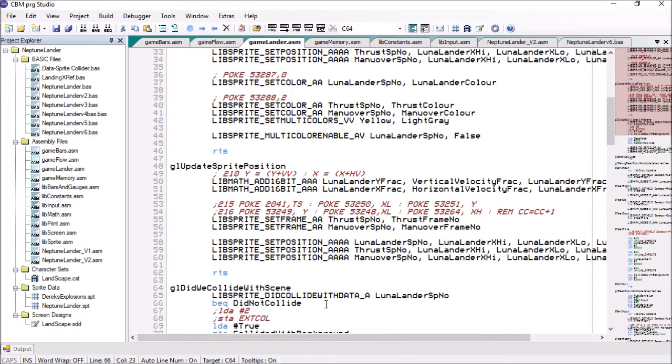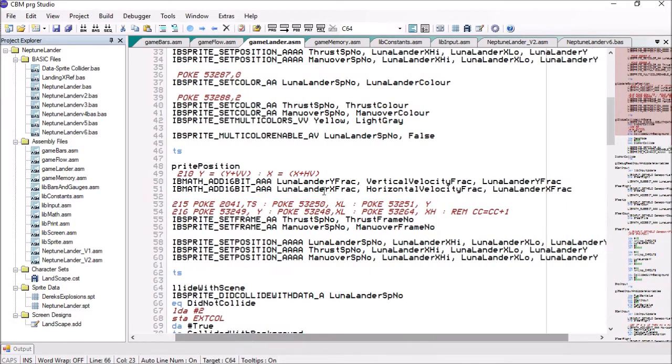Here we go. Yeah, it's here, look. So this is where we're adding the velocities to the lander X and Y, but it's only 16-bit, so it's going to be the fraction and then the low byte, and not even touch the high byte.